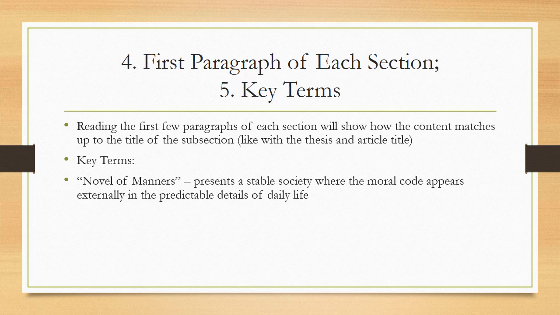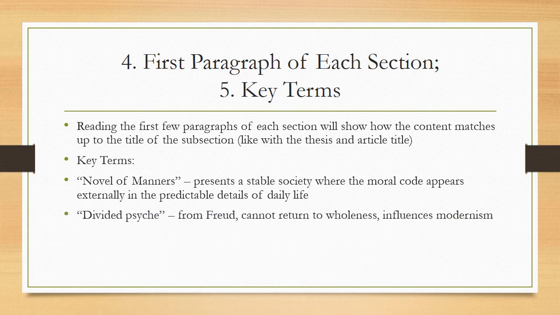So a novel of manners was a genre of novels, earlier than Hercule Poirot, in the 19th rather than the 20th century, that presented society as very moral and stable. And so you can immediately see the connection there, since the modernist writers don't present the world that way, but Agatha Christie does.